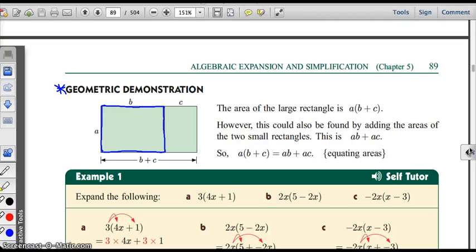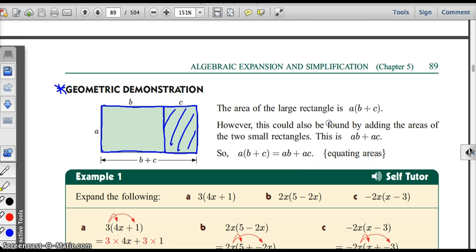L times W. So A times B, and if we were to find the entire area by doing the 2 rectangles, we'd have A times B, but we'd also have A times C.